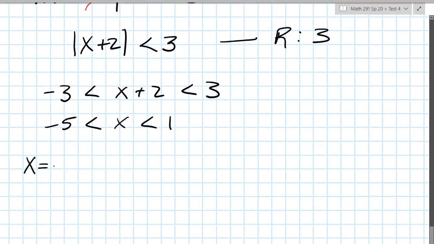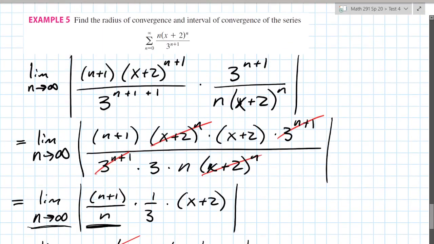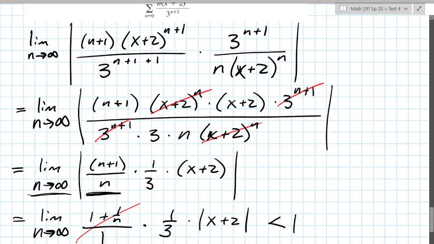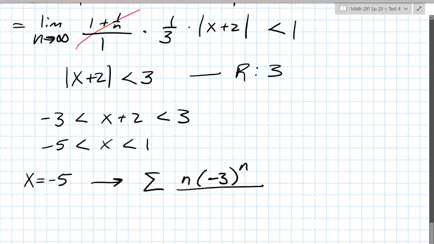When x equals -5, then what happens? We've got the sum of n times, -5 plus 2 is -3, to the n divided by 3 to the n plus 1.